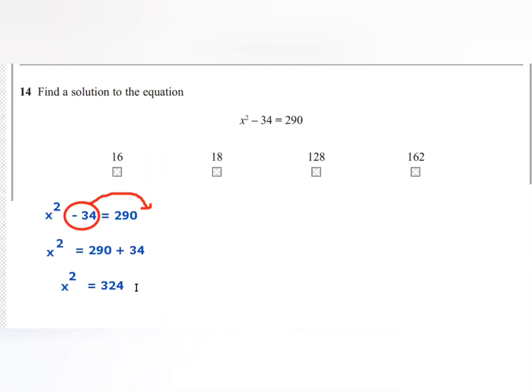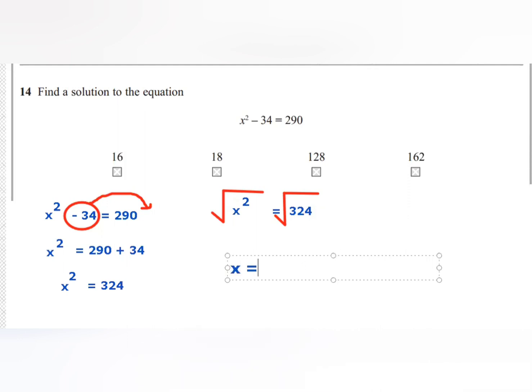Now, to remove the square, we have to do the opposite of a square, which is, very good, a square root. So I'm going to square root the x squared. Let's put it here. X squared equals 324. Now I'm going to square root both sides. The square root of x squared equals, very good, x.